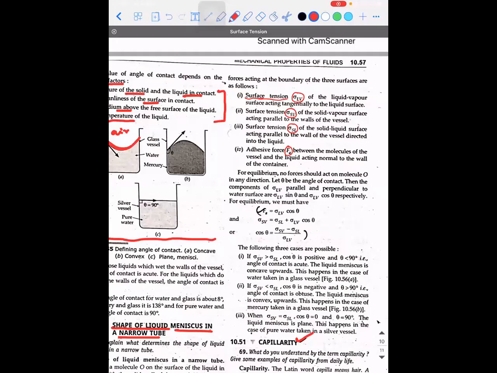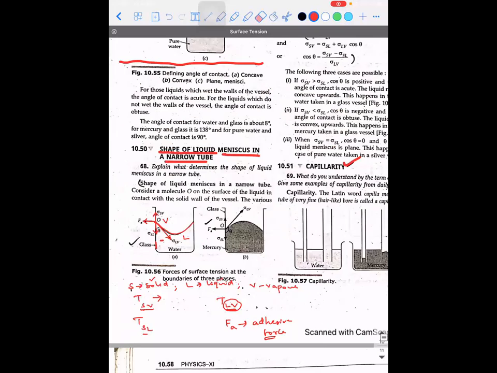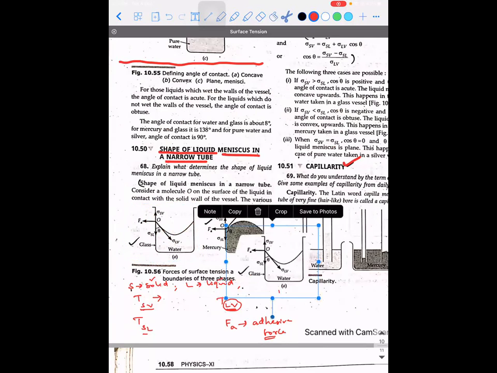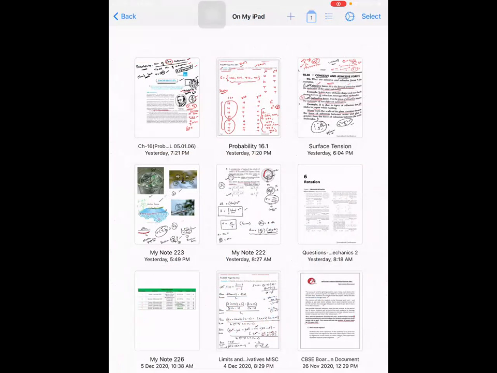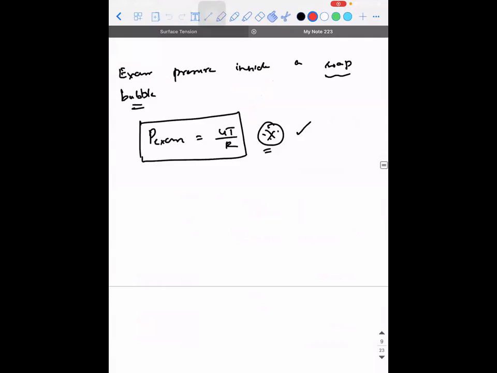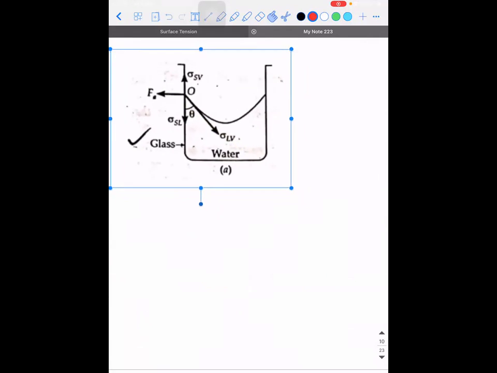Okay. So now comes an important question. If I take this diagram separately, observe.